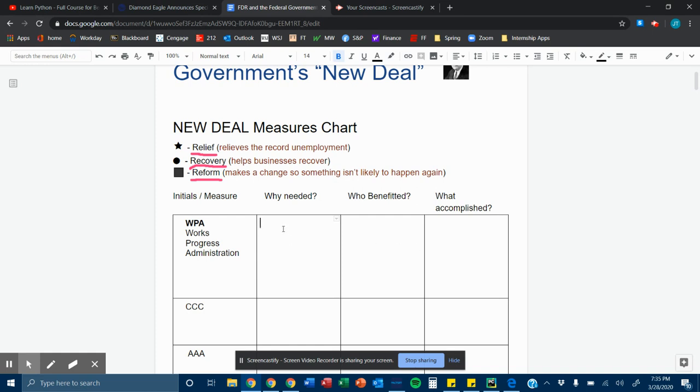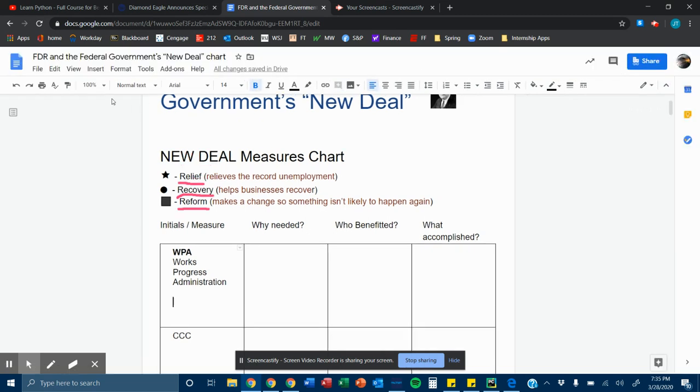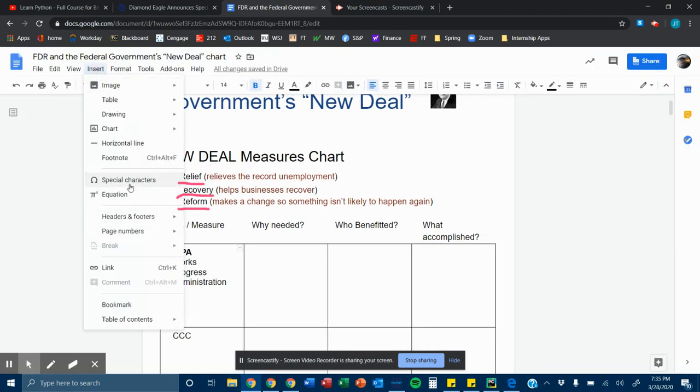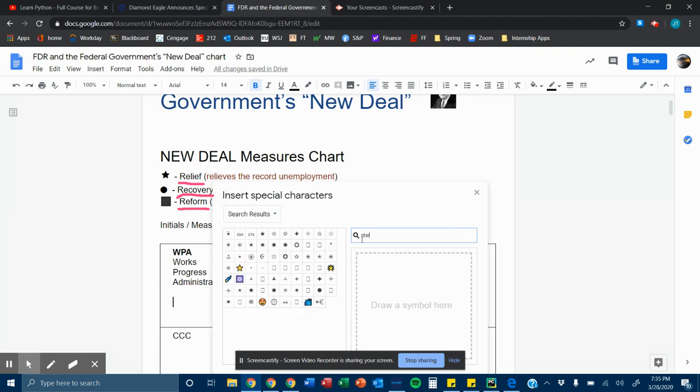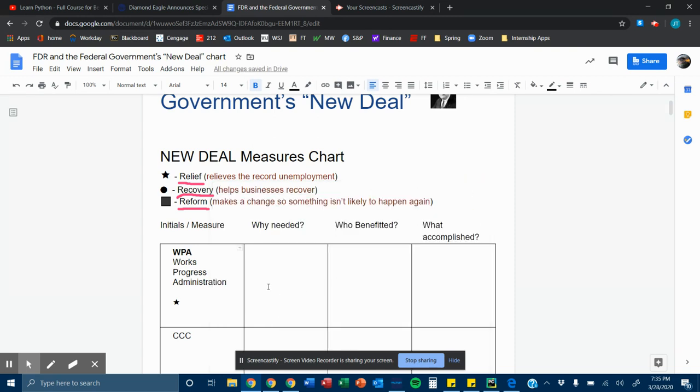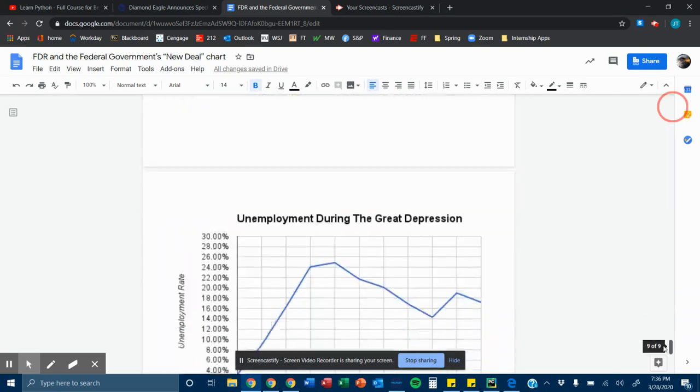Well, we can actually fill this in right now. This is going to be a relief measure, so I'm just going to insert that right now. And why is it needed? Well, again, all we got to do is go to the bottom of this page.